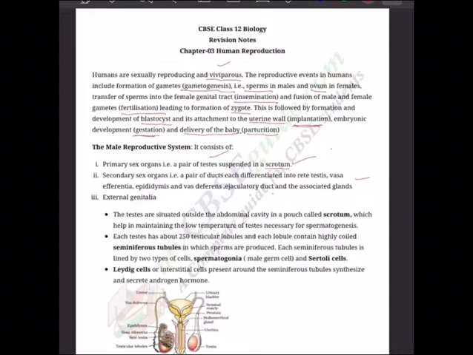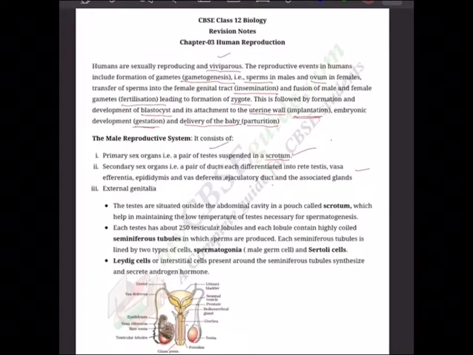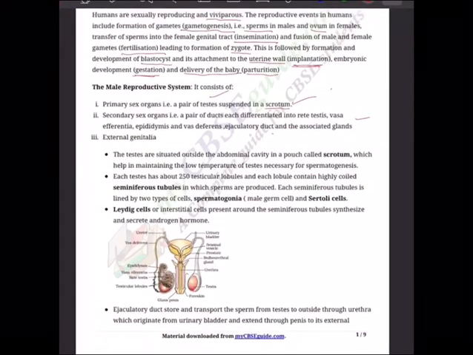So it is basically the tubes and glands, and then of course external genitalia, that is penis. So these are the associated ones of male reproductive system. So the testes are situated outside the abdominal cavity in a pouch called scrotum, which help in maintaining the low temperatures of testes. This is important, that's why the reason. And this is necessary for spermatogenesis.